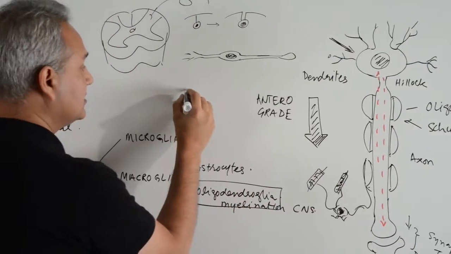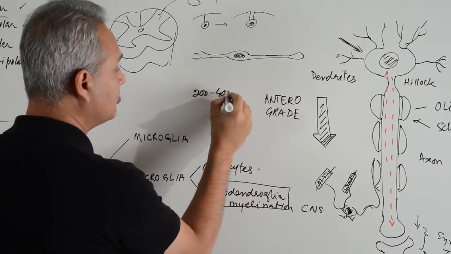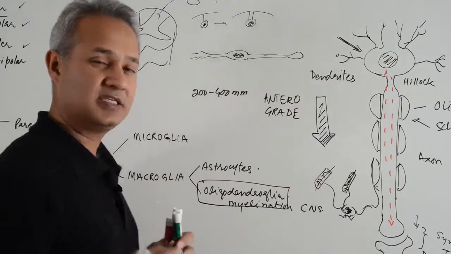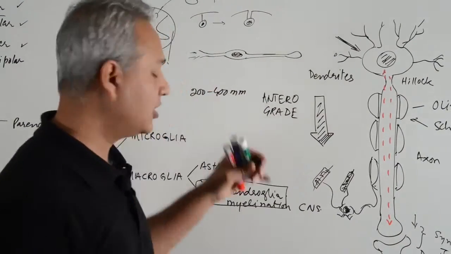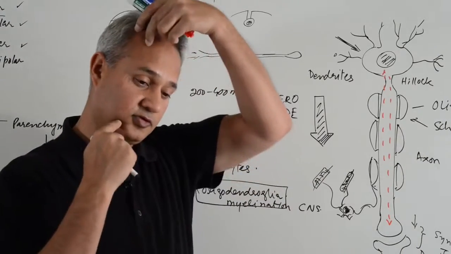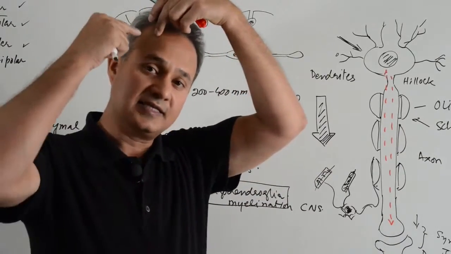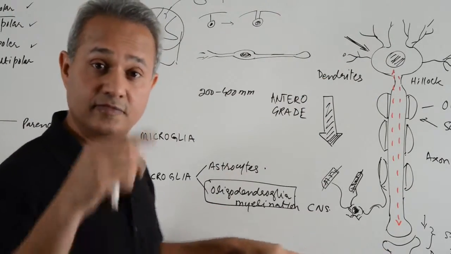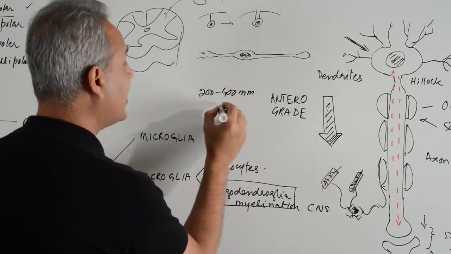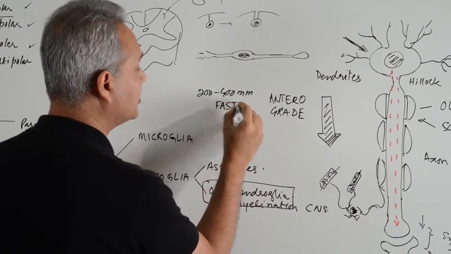Fast is about 200 to 400 millimeters per day. So imagine that 1 grain of salt is 1 millimeter. So 200 to 400 grains of salt. So if you put 200 to 400 grains of salt, that is how much travel can occur in the anterograde way, and that is called the fast anterograde movement.